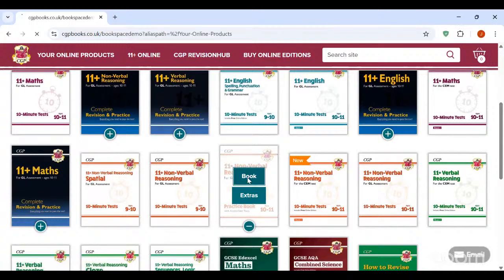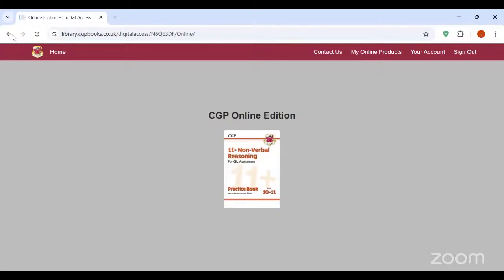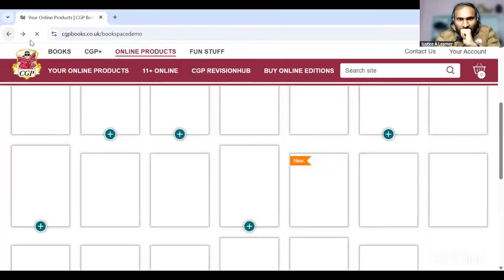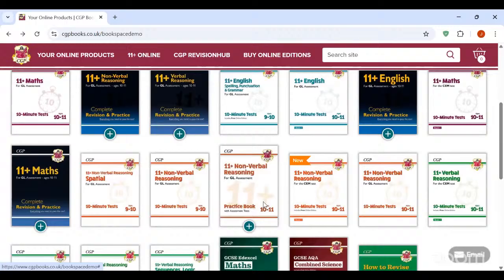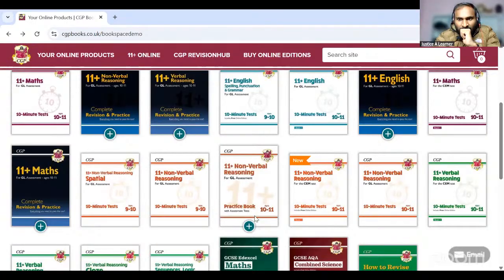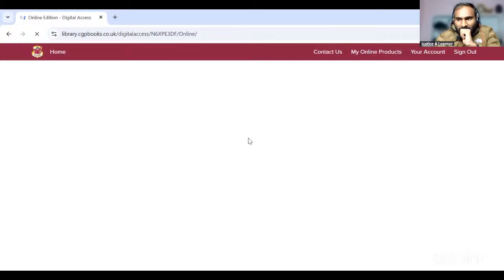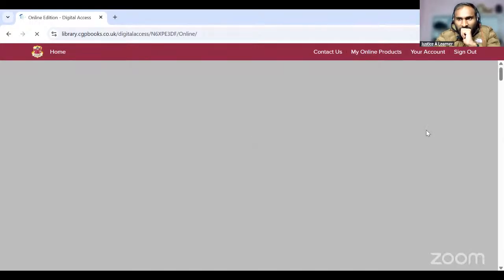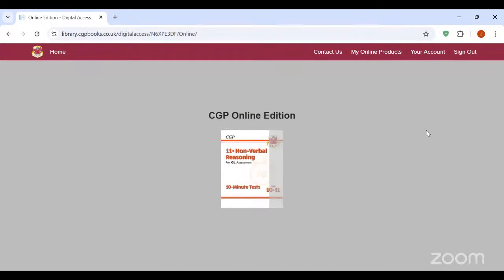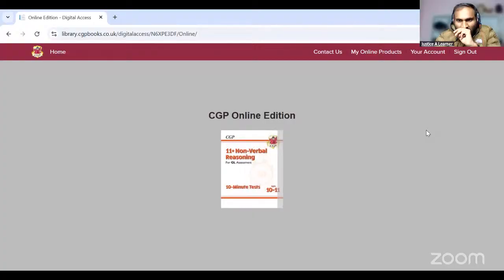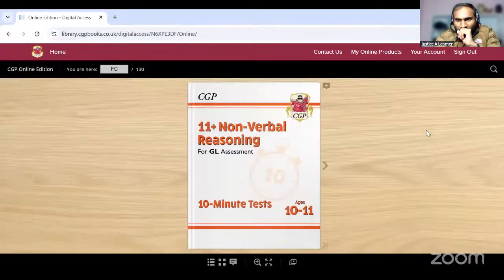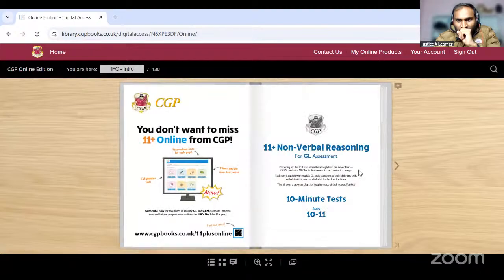If you press this... Which one? Non-verbal reasoning. That would also have test, I guess. Same. Maybe yeah, I think that probably has test. In this, have you done any or none? No test.